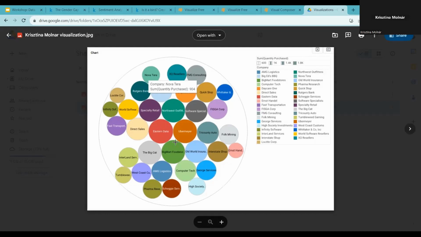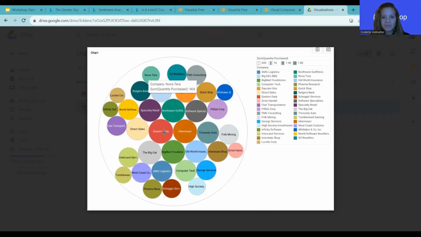But if I wanted to tell you who exactly the biggest one is, I would have to choose a different type of chart that shows it differently. So I chose a different kind that's next to the pie chart. I don't know its name, but it puts Eastern Data at 1.7K. That seems to be the biggest one.